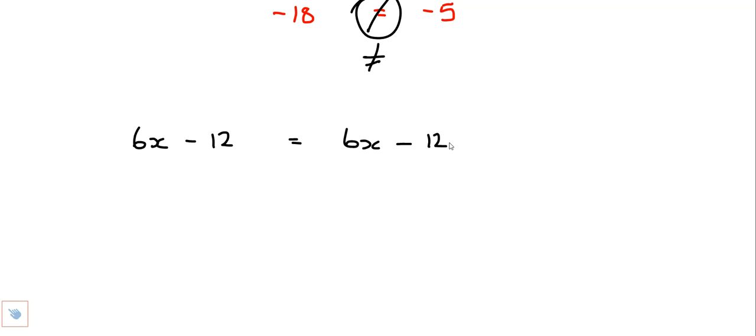We are trying to find x. In this case, you would end up with 0 equals 0. Is that true? Yes. You'd have done that by adding 12 to both sides, subtracting 6x from both sides, so you end up with 0 equals 0.